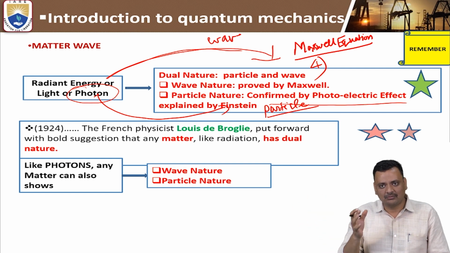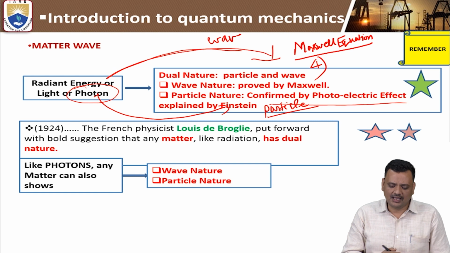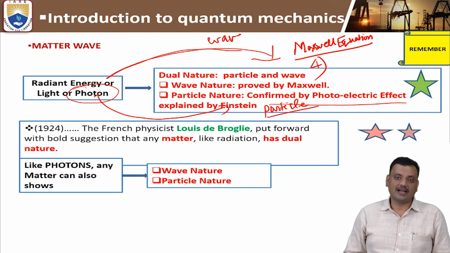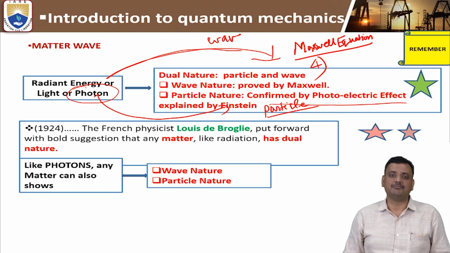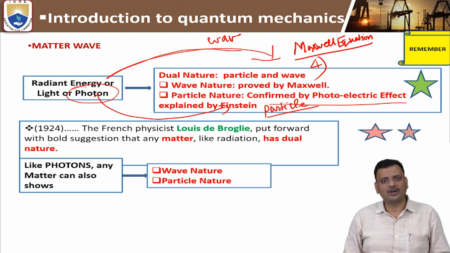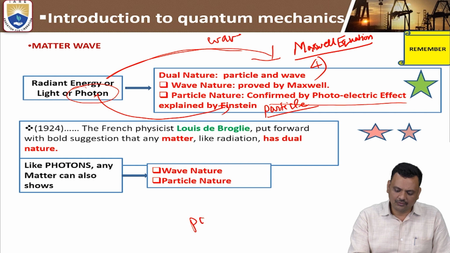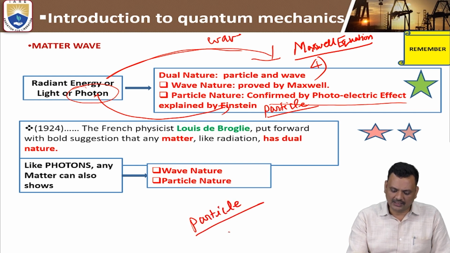And who came forward with this idea? Louis de Broglie. And he suggested the concept of matter wave. What he told is, like light, any matter can show both natures, means particle as well as wave nature.